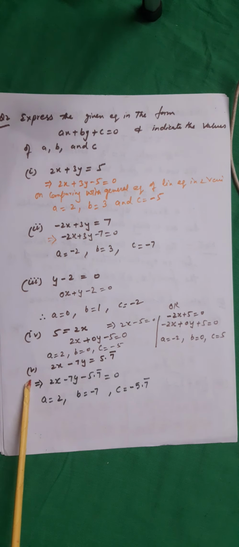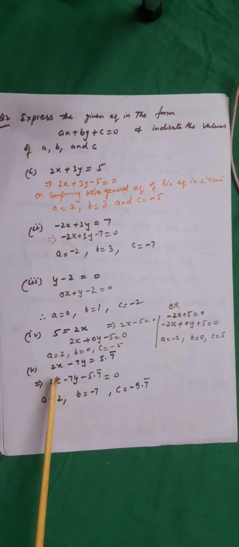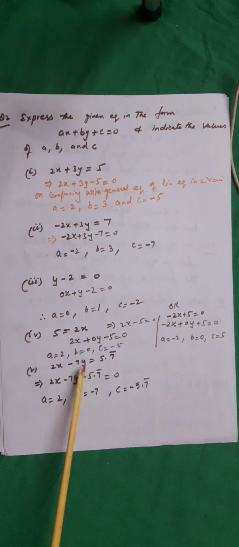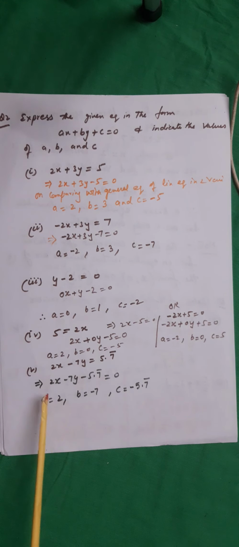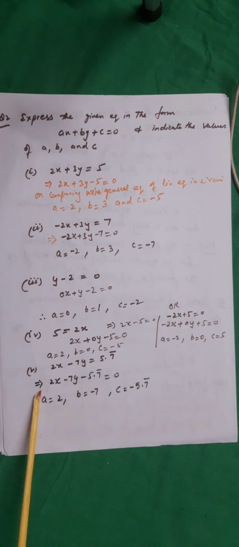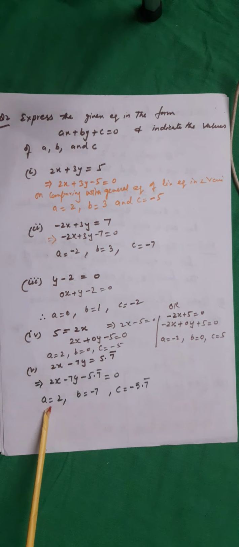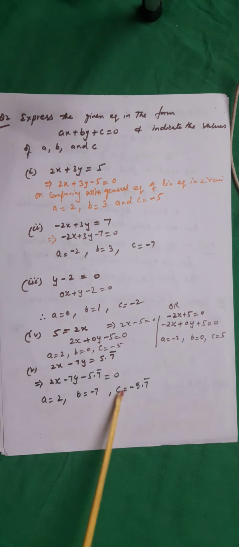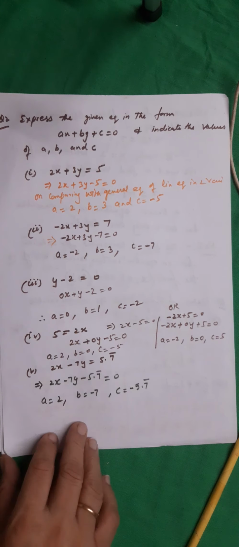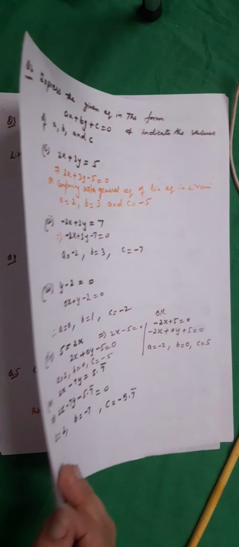Okay, let's take one more example. 2x minus 7y is equal to 5.7 bar. So I bring this on this side, I get this form, and now on comparing with the general form, I have a is equal to 2, b is equal to minus 7 and c is equal to minus 5.7 bar.